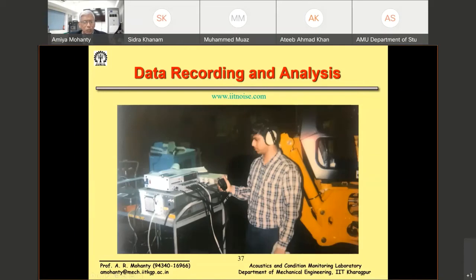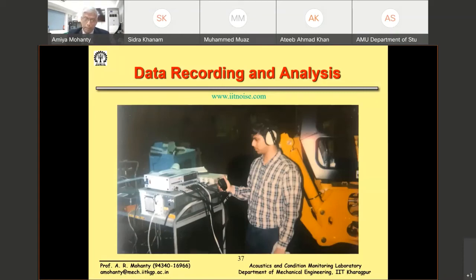And in those days, we had this DAT tape recorder of TEAC. So we recorded on the different channels, the accelerometers were put, and then we did the analysis. And today, let me tell you, all this is possible with a small laptop and a USB device. That technology, this was sometime in the 1990s, 89.